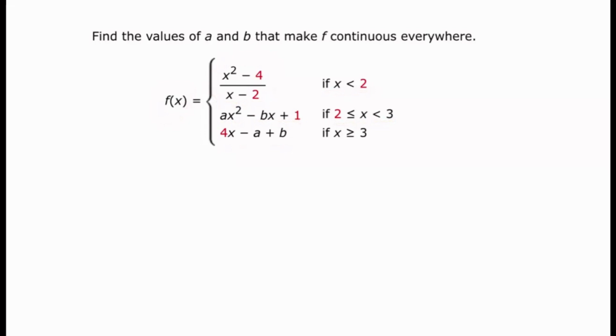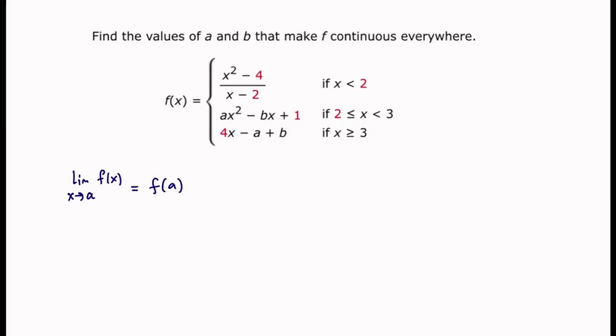Let's write down the definition of continuity at a point. If you want to say f is continuous at some number a, that means the limit of the function f of x as x approaches that number a should equal the function value at a.